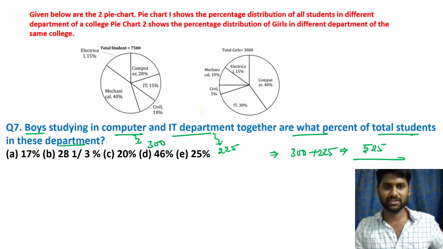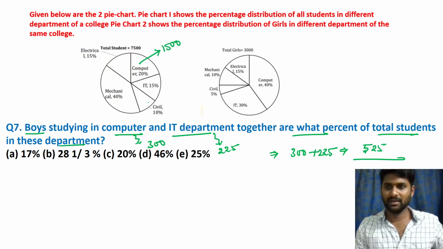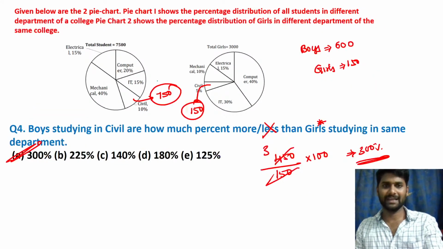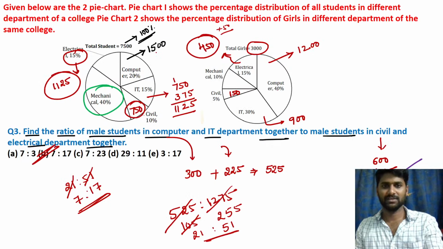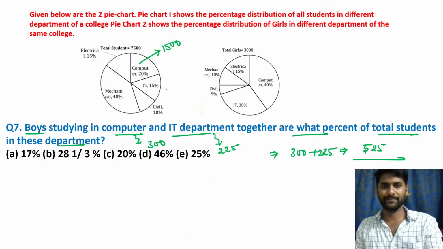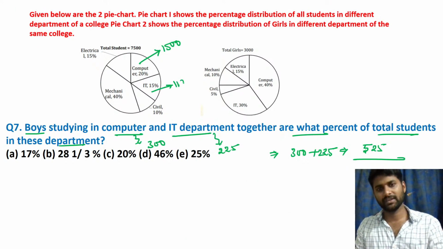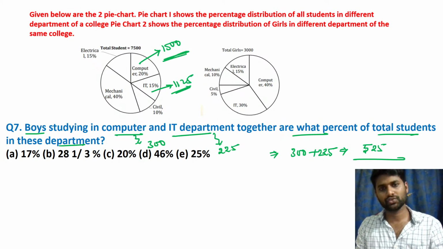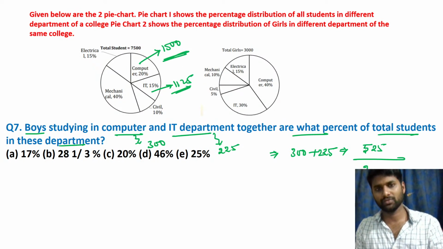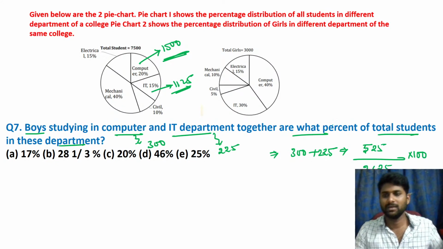See the total strength of computers is exactly 1500 here. And the other department is IT, 15 percentage, which you already calculated in question number 1. The value becomes 1125. 1125. So if you add those two numbers, the value becomes 2625.